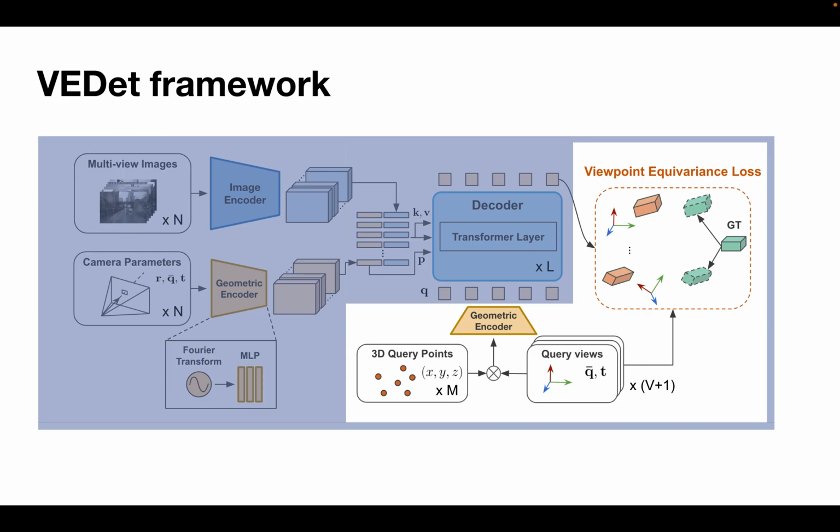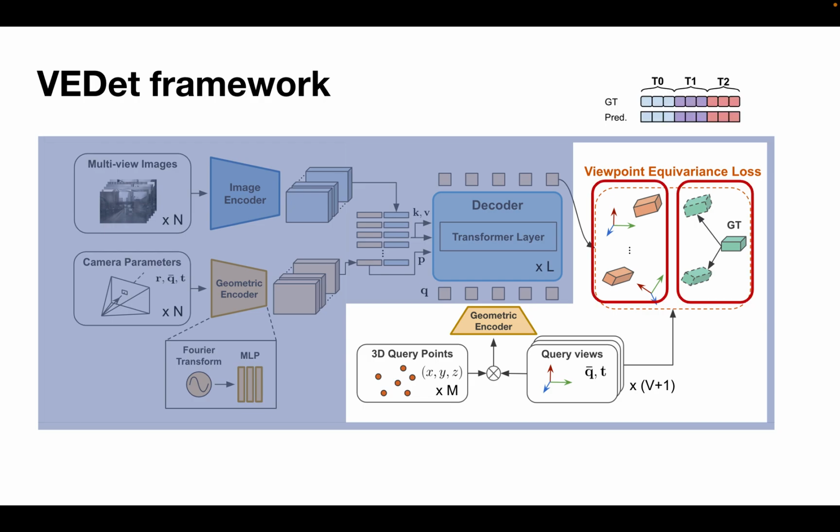To implement the viewpoint equivariance loss, we calculate multi-view targets from the ground truth, as shown here, and consider them as superboxes for both the Hungarian matching and training. We use superbox predictions and targets to calculate the classification loss and one-to-one box regression loss. We found that jointly considering multi-view entities as superboxes is also key to achieving the viewpoint equivariance.